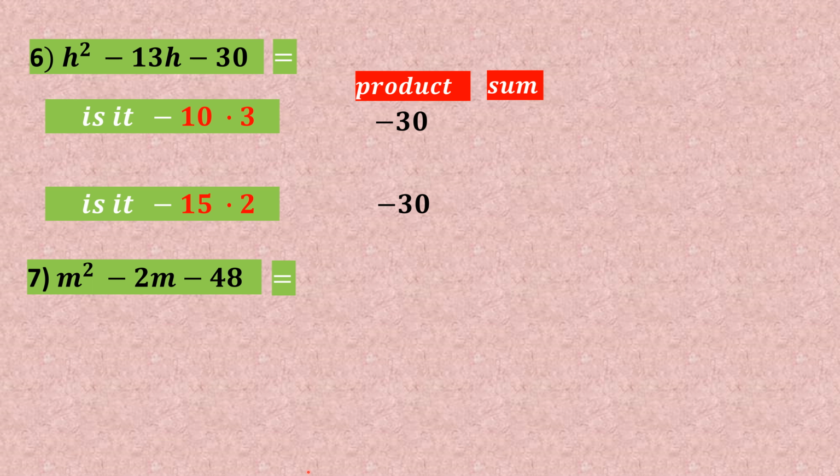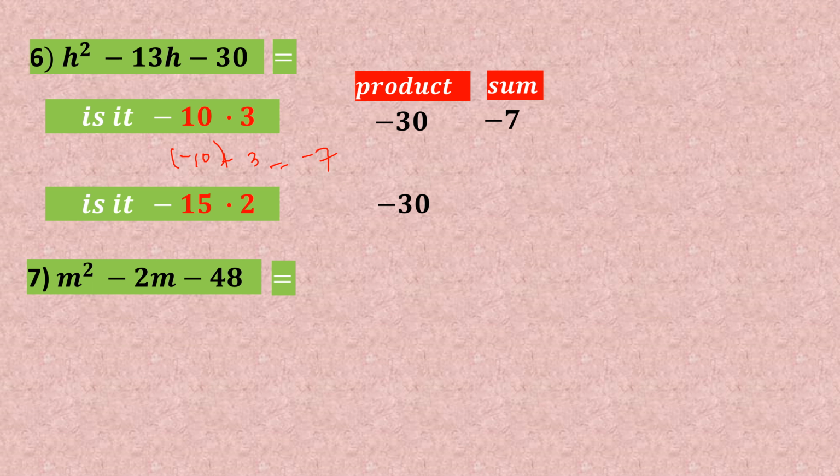So therefore, we'll now be adding. Okay, so negative 10 plus 3. In other words, if we get their sum, negative 10 plus 3 will give us negative 7.